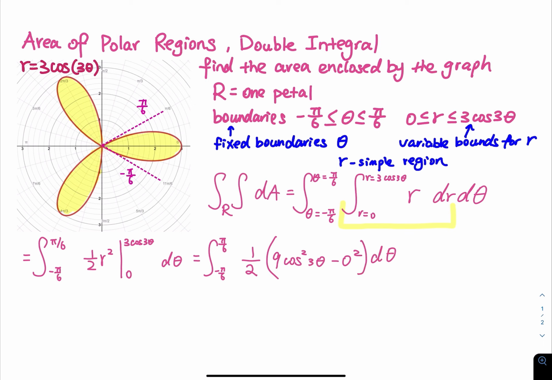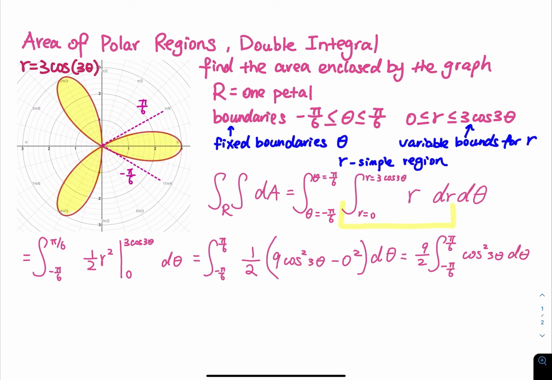Can we simplify something? Yep, we can do a 9 over 2, and then the integral from negative pi over 6 to positive pi over 6 of cosine squared of 3 theta d theta.